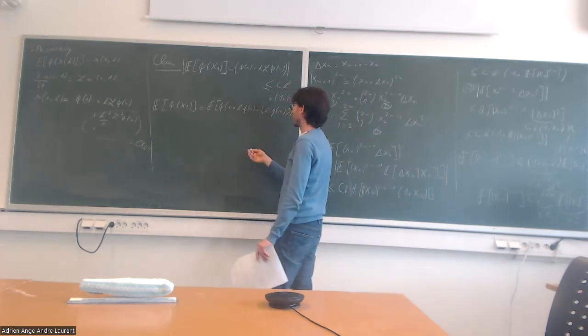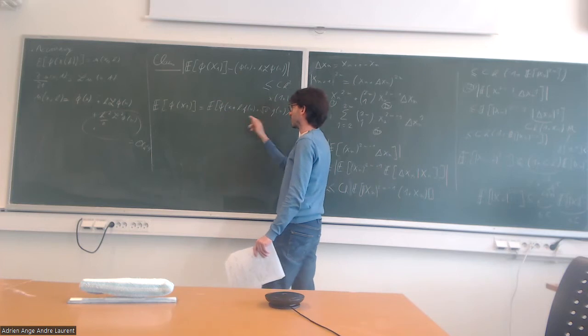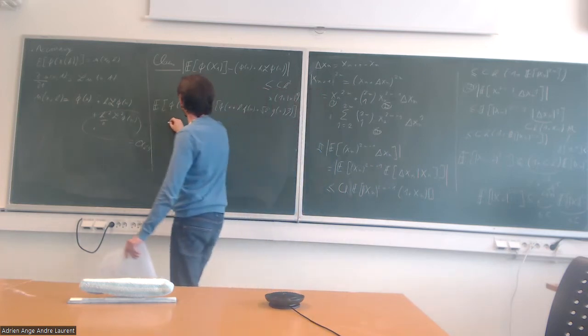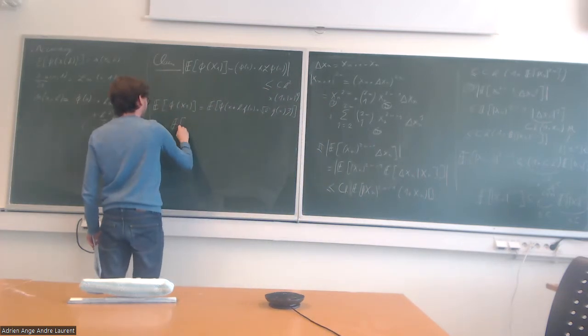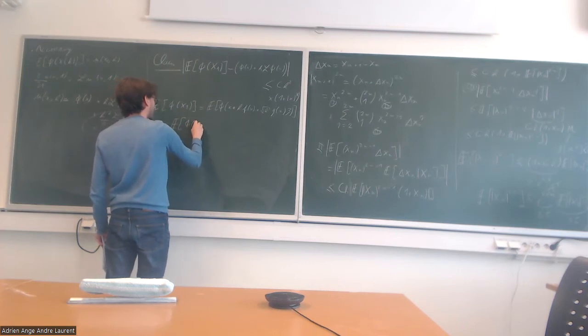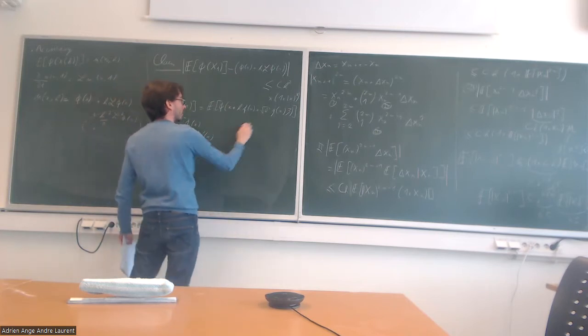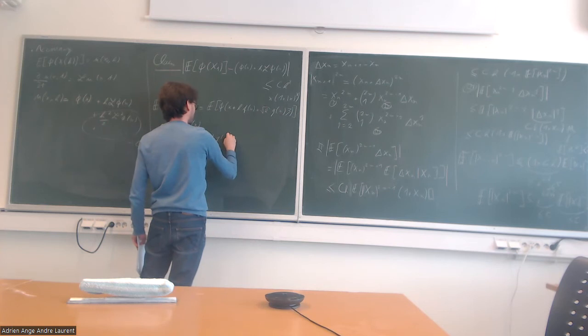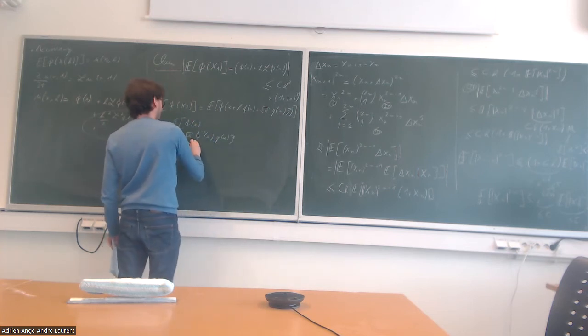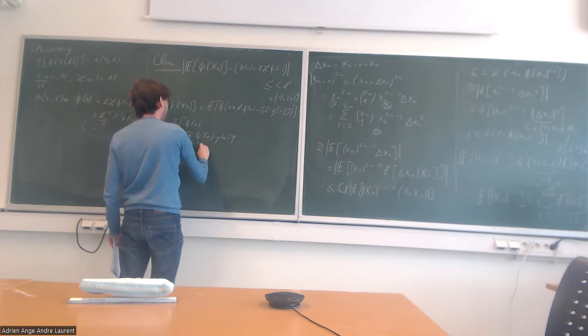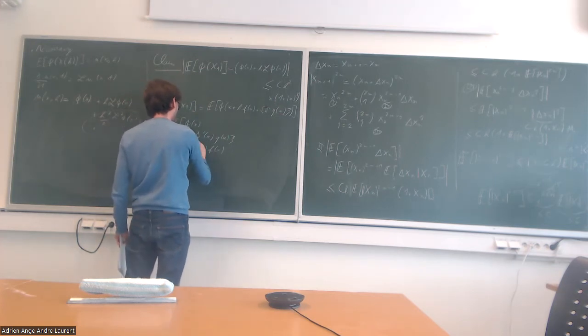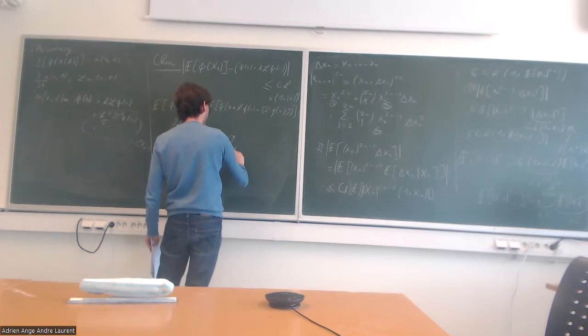Now this is annoying, so I will just do a Taylor expansion of phi. As the expectation of phi of x, plus h phi prime of x multiplied by f(x), plus square root of h phi prime of x multiplied by g(x) psi, plus one half of phi second of x in the direction g psi, g psi.